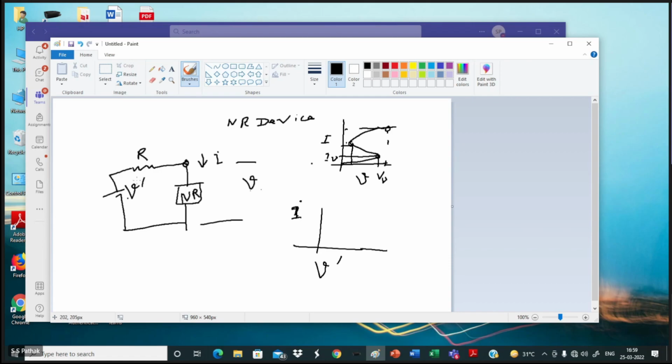So V dash will be coming as a function of I and V. This V is fixed. If this I is fixed, corresponding to that, what is my V dash? It will be this point, it will be my V dash.